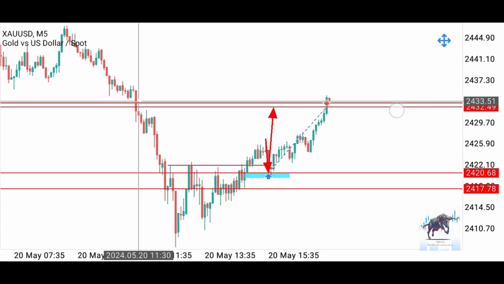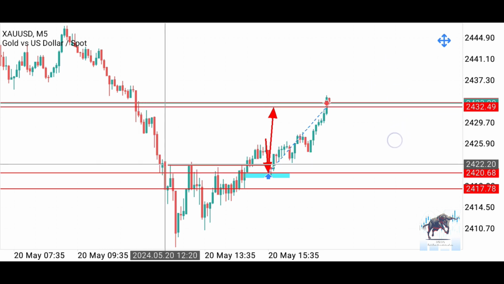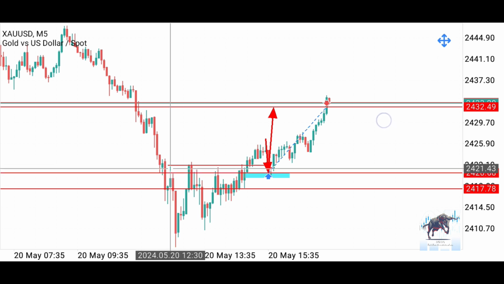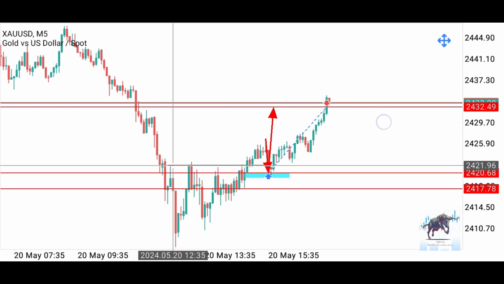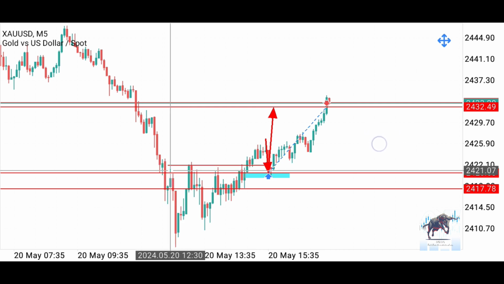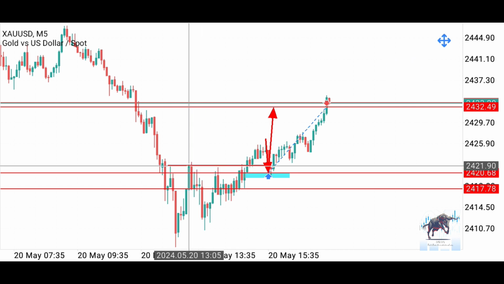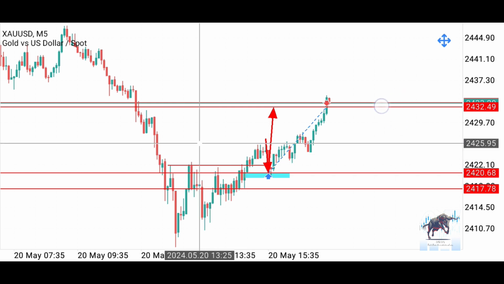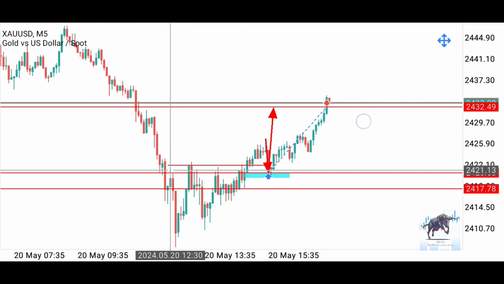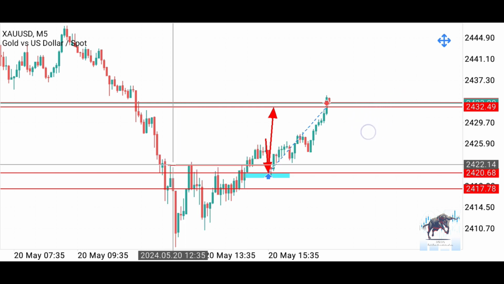As you can see, we had a lower high right there, another lower high right there, and another one right there, and after this lower high, we never had another lower high. Please guys, don't focus on where my finger is, this round dot. Please focus on the cross. So this was the last lower high, right?